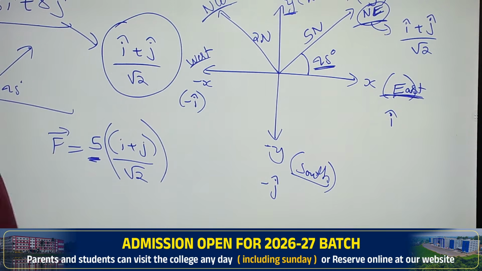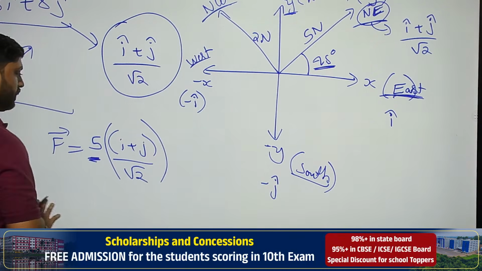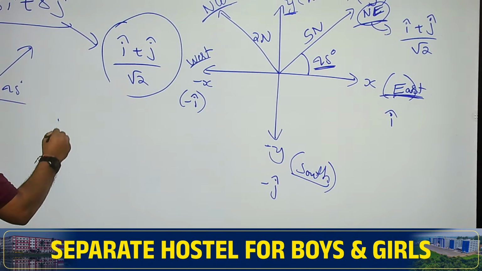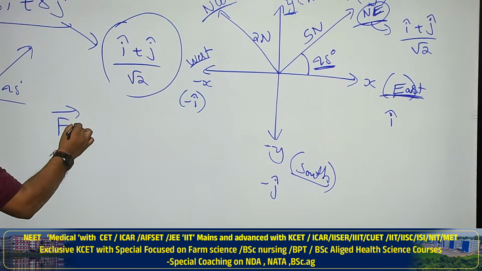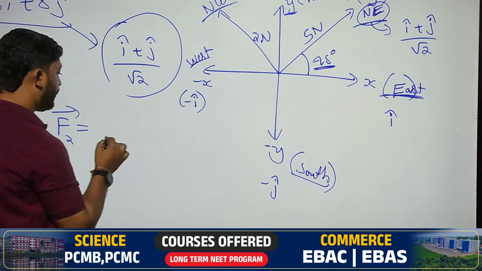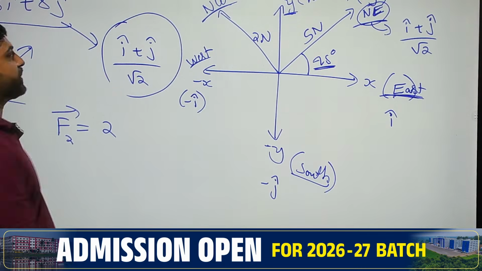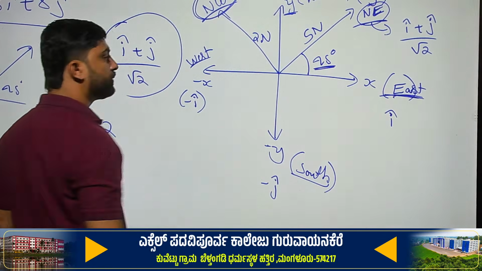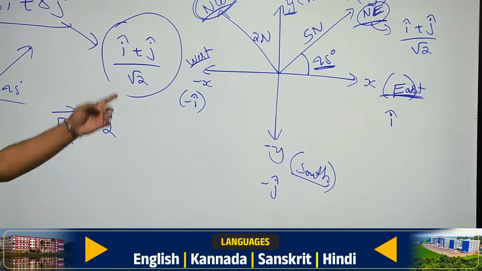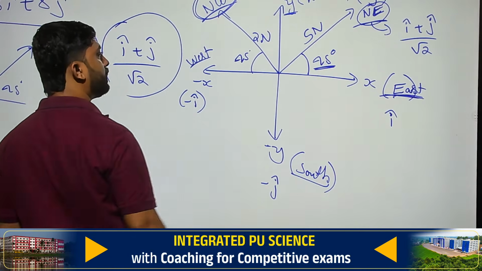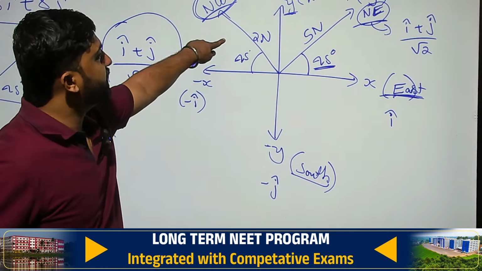I have a second force, which is 2 Newton, in the northwest direction. You know northwest makes an angle of 45 degrees, and this vector is in the second quadrant.